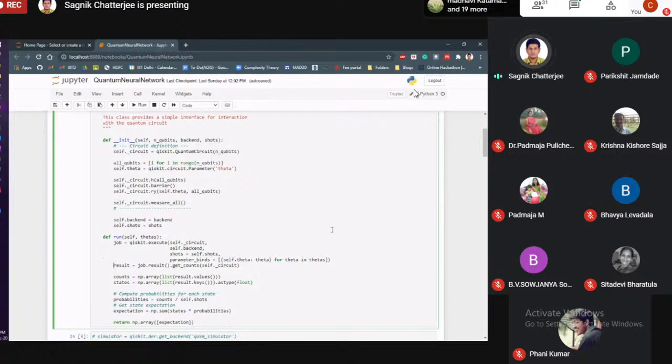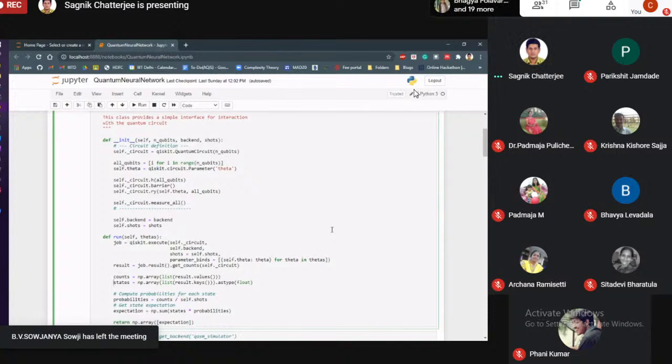As we saw earlier, we get the dictionary from the result, the dictionary of counts, whatever shots translated to which state. We store this in the result dictionary, and then we convert it into this counts array and the states array.